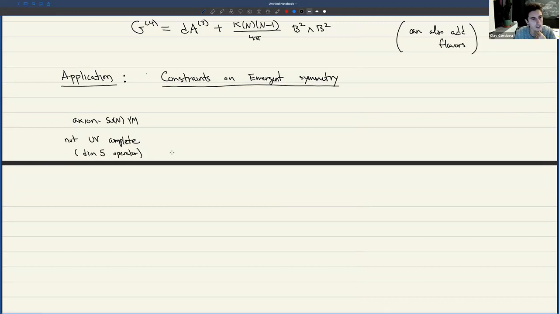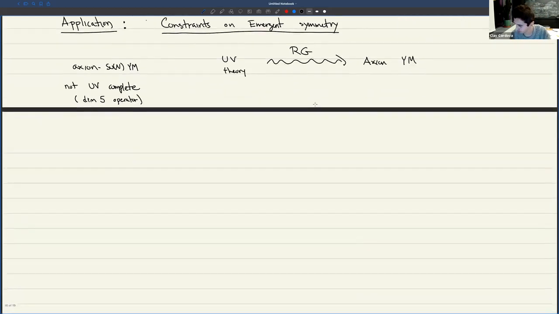So if one writes down the theory of axion Yang-Mills, you must be thinking of it as some kind of effective field theory. And so we should think of it in the context of a renormalization group flow. So let's here have axion Yang-Mills. Here will be some UV theory. And we'll be considering an RG flow, which realizes this axion Yang-Mills at long distances as the effective field theory.